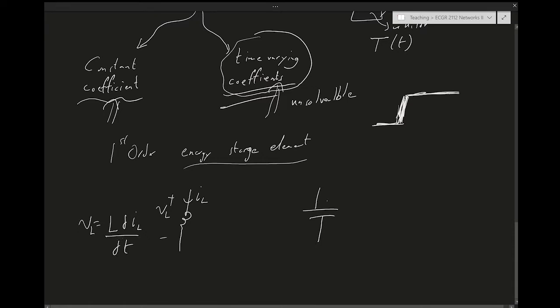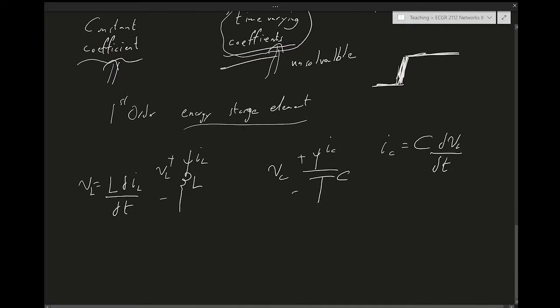And then for the capacitor, this is IC going in. You know that IC equals C, the capacitance, dVc over dt. So only if those elements exist in your circuit do you have a possibility of a transient.